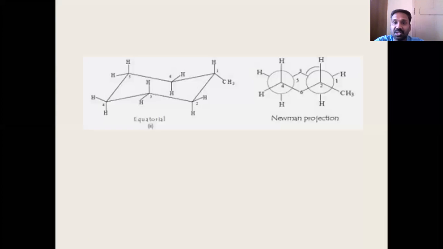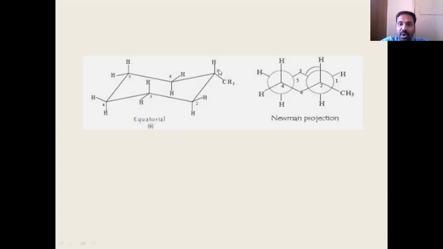This is the Newman's projection of methyl cyclohexane. You have a chair conformation. The carbon number 4 and 5 we have taken to write the Newman's projection, as well as 2 and 1. The 6th and 3rd carbon we are going to write as CH2 substituents of the Newman's projection.